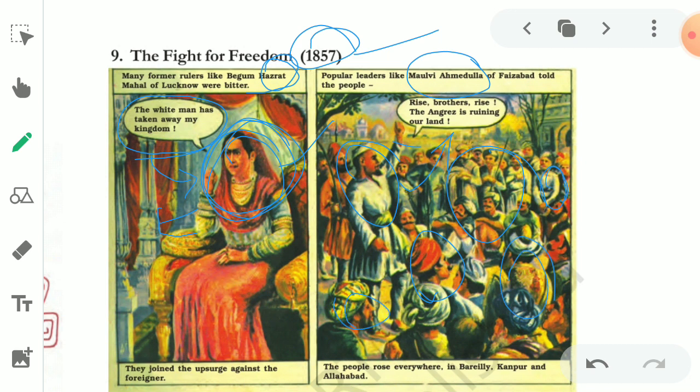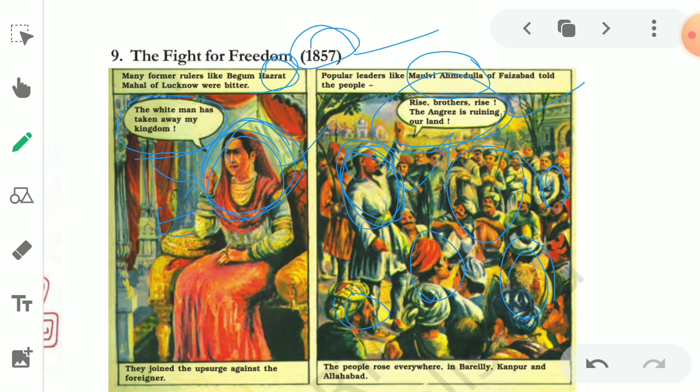What is that motivational speech? Rise, brothers, rise. The Angrez is ruining our land. In this way, he inspired people who came in groups to send the British from the country. Immediately they were motivated and they supported the leaders.